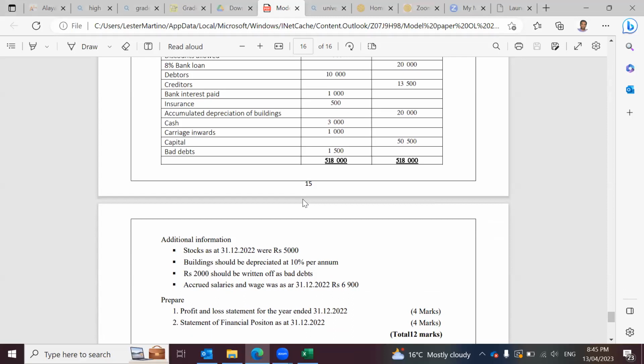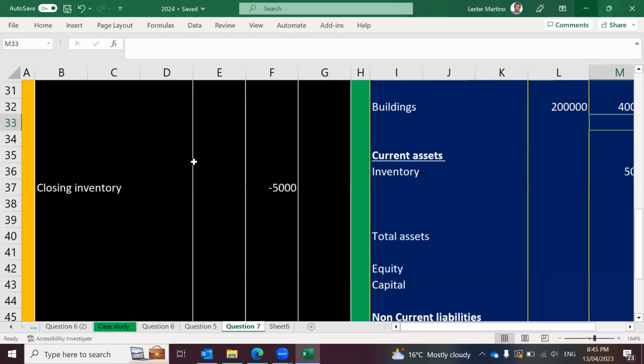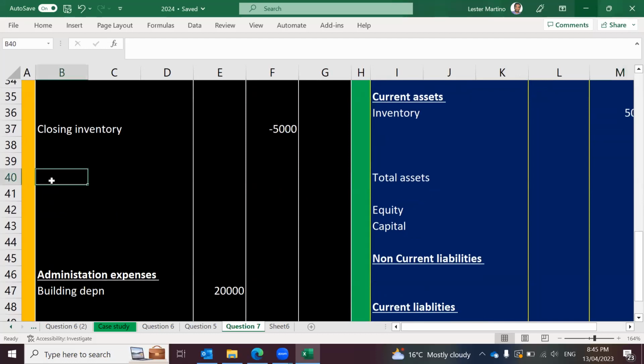2,000 should be written off as bad debts. So that means from your debtors, 2,000 needs to be written off. That is a loss for the business and will come under distribution expenses. Put it down: distribution expenses, bad debts.